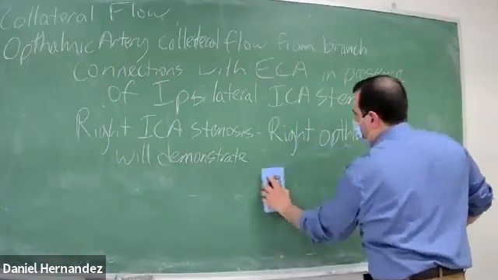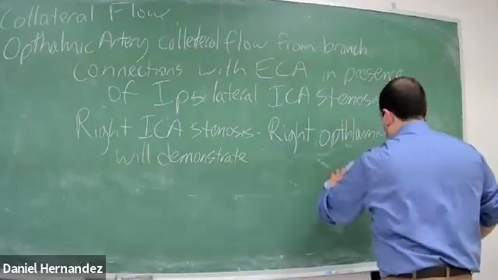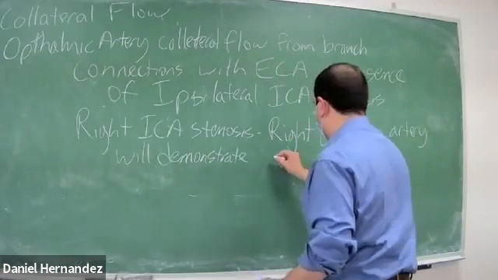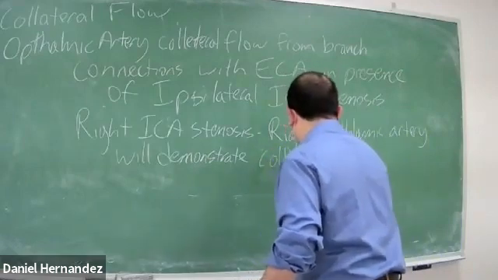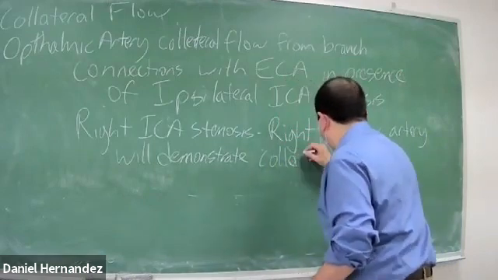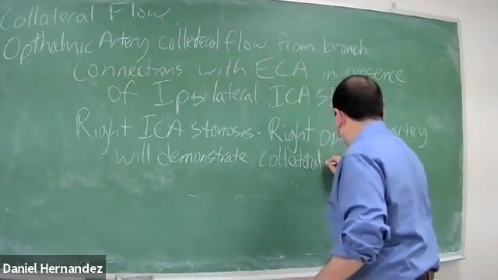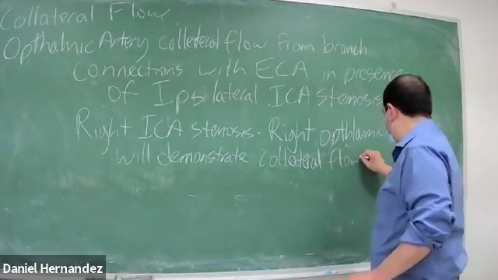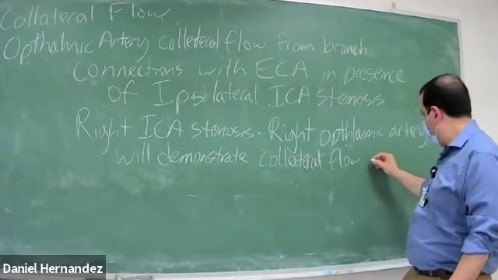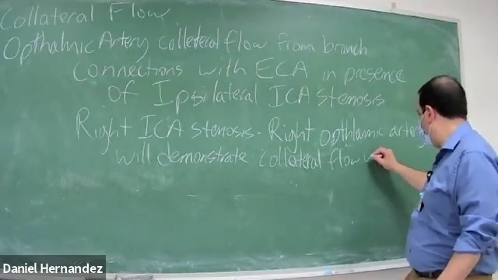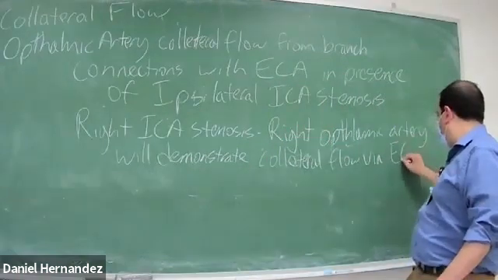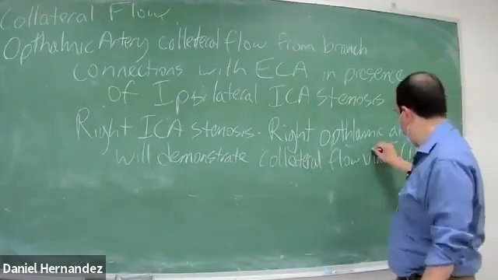So the ophthalmic artery will demonstrate collateral flow via the external carotid artery, via the ECA.